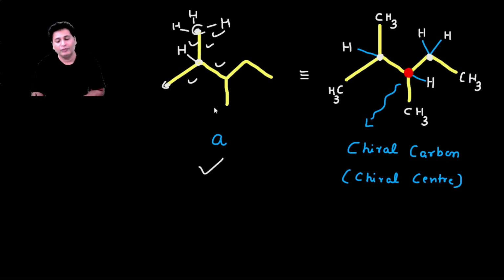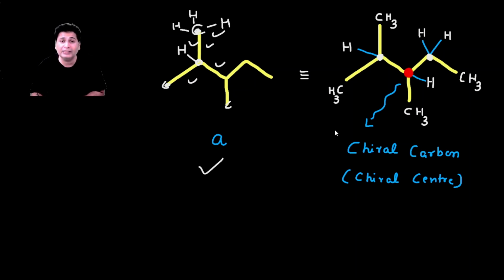Similarly, we will do this with all the terminal carbons, and as you can see in your picture, on all the terminal carbons I have put CH3, and wherever there were 3 bonds or 2 bonds, I have completed the 4 bonds by putting extra hydrogens. So now you can see all the carbons are having 4 bonds.